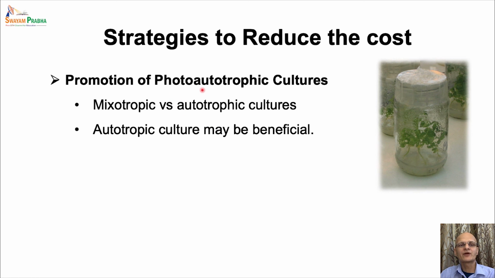Another very important factor is the photoautotrophic behavior of these in vitro grown cultures. The in vitro grown plants are always maintained on an exogenous supply of carbon source, and hence though the plantlets have chloroplasts as well as chlorophyll, these are not fully developed and are not completely functional.